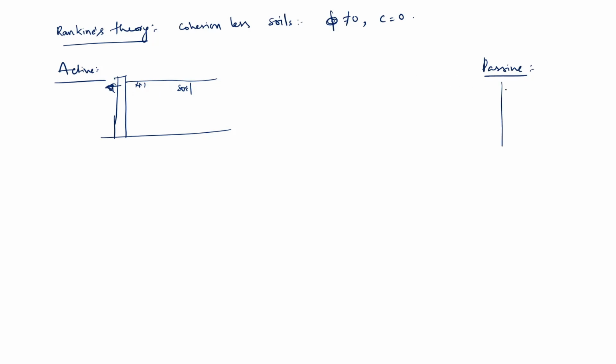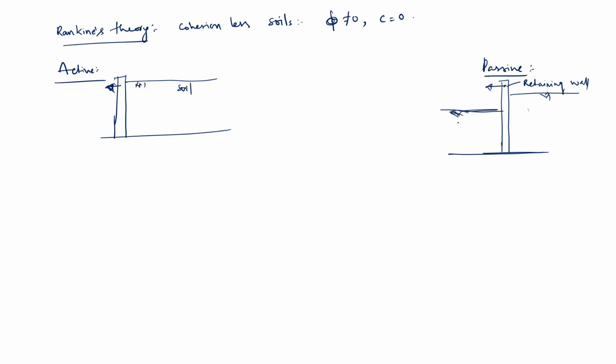Whereas in the passive state, let us consider two different heights of the soil. This is the retaining wall. Now it moves in this direction. Because of that, with respect to this soil, it is moving away from the soil.